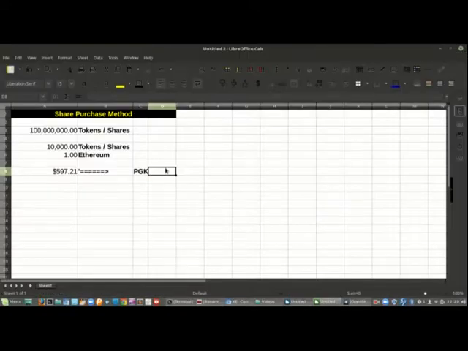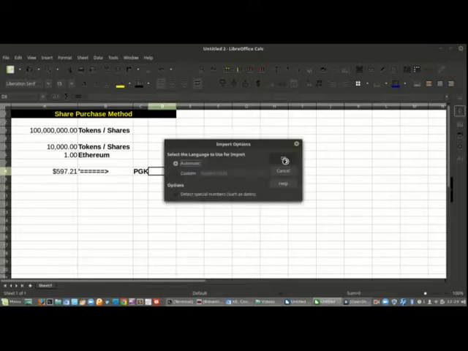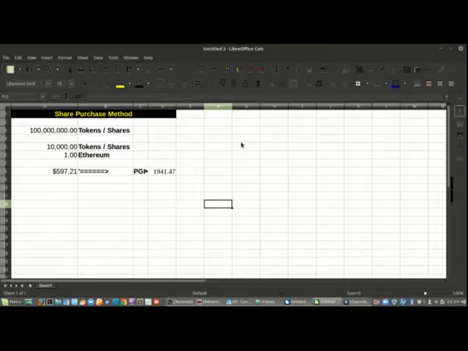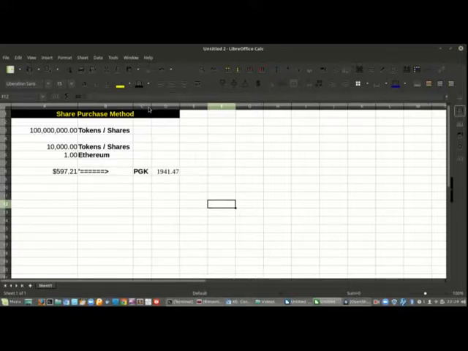Also be reminded that this token sale is not just within Papua New Guinea. There will be a lot of people around the world that will be interested in purchasing our tokens, as we will be targeting not just people locally but abroad who have access to Ethereum as well.